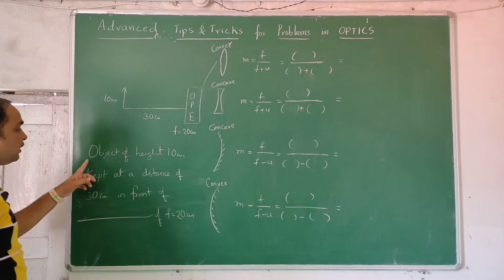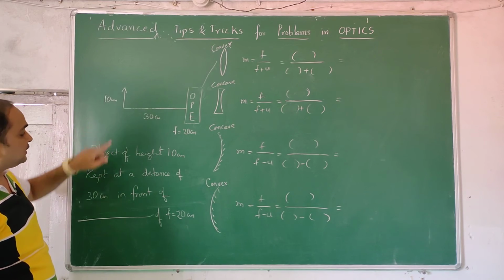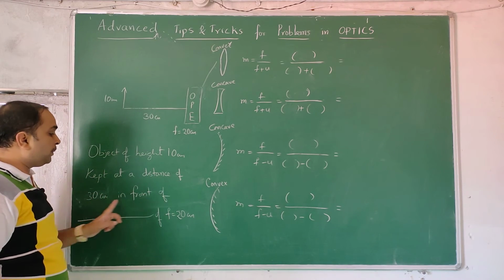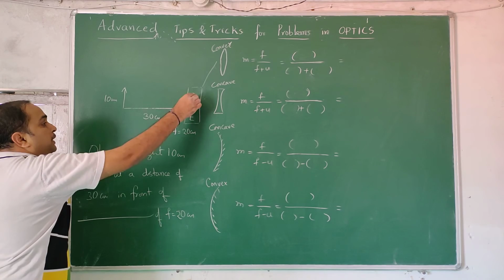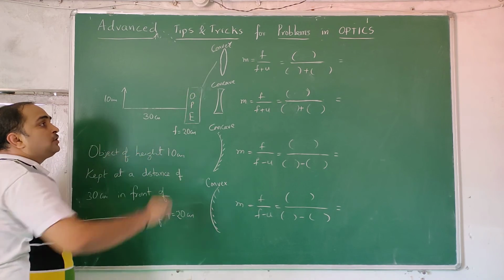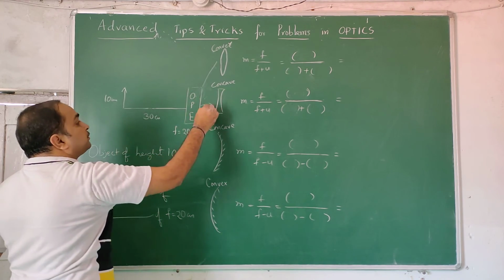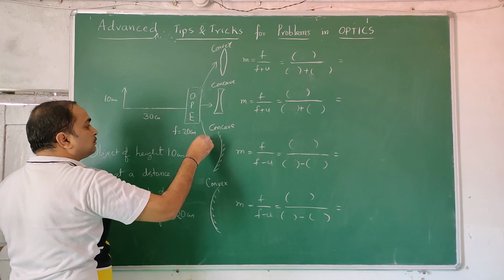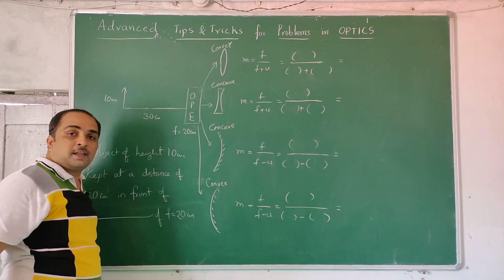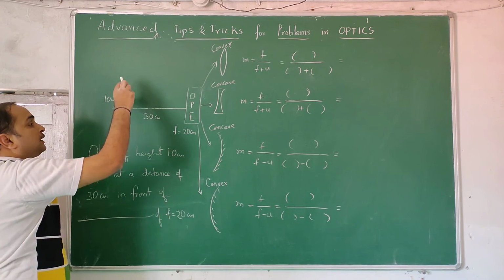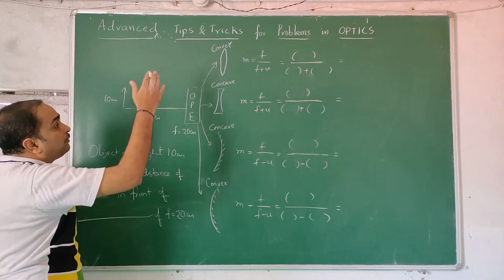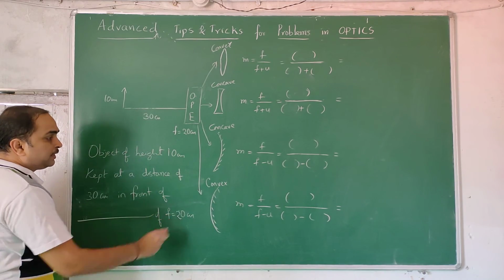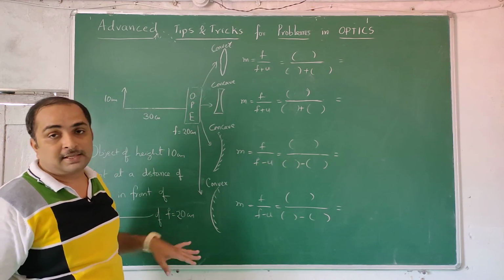Now a question is given: an object of height 10 centimeters is kept at a distance of 30 centimeters in front of an optical element. OPE means optical element, that can be any one of these. In front of each of them keep the same object at the same distance, what happens? And all of them have the same focal length, 20 centimeters.